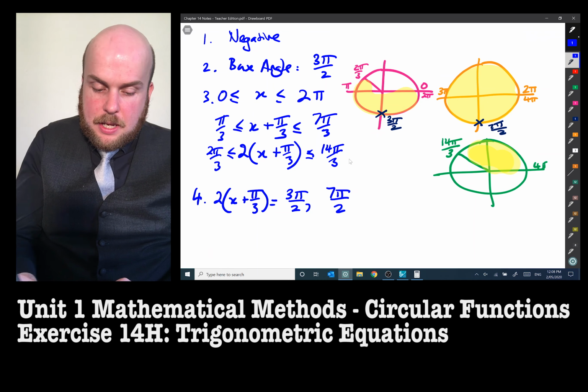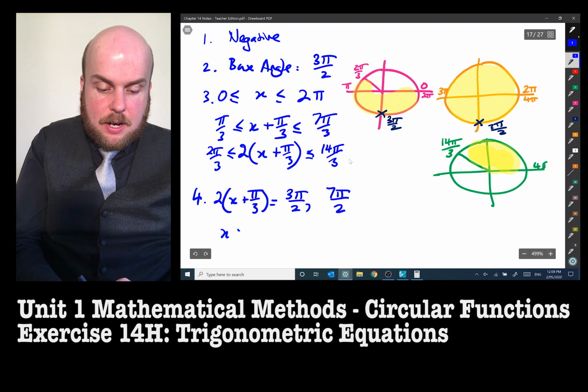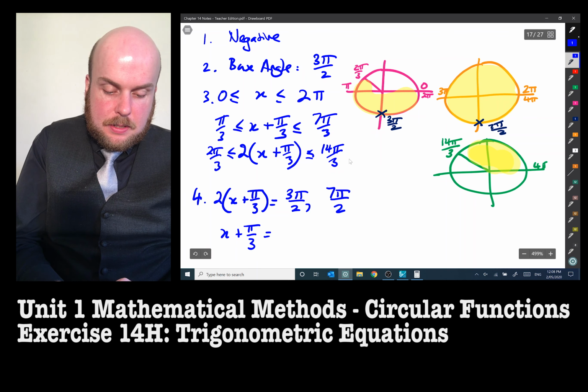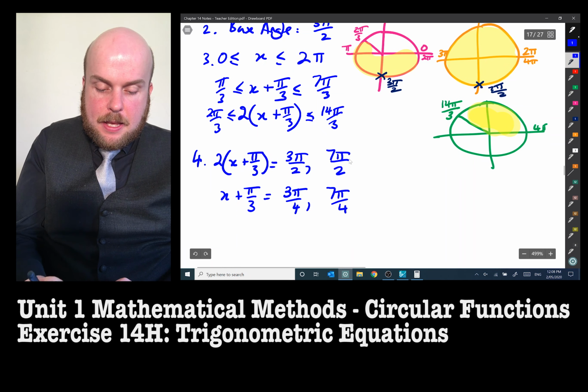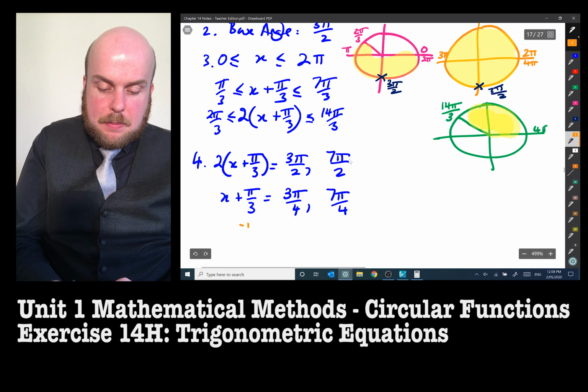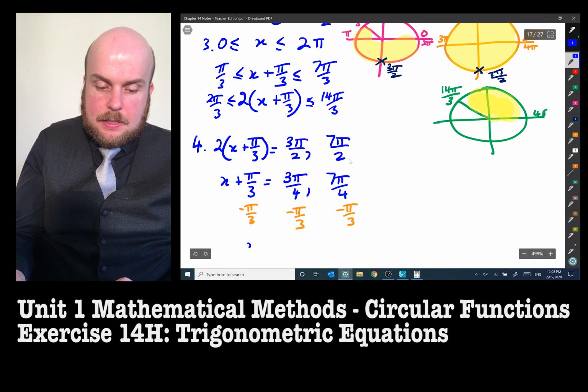We are going to go and divide by 2, which is 3 pi on 4, 7 pi on 4. And then we're going to minus pi on 3 from both sides.